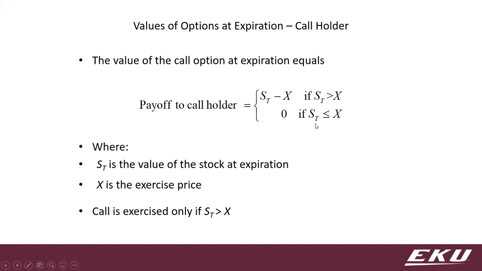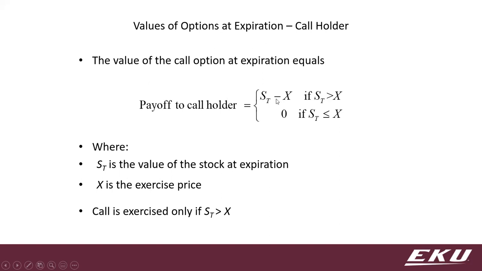And so if you hold the call, you're the person that bought the call, right? If the strike price is less than our exercise price, then it's not worth anything, right? I wouldn't bother exercising it. If the market price is greater than my strike price, sorry, the exercise price, and that is some positive number, then that's what my payoff is.